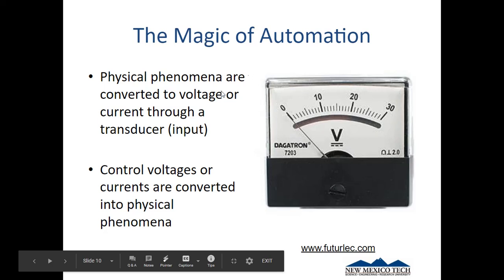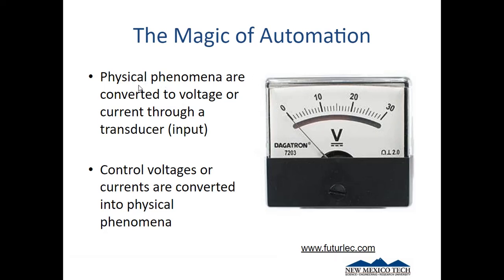In the end, why we're learning all this, I call this the magic of automation. What's happening is anytime we have some physical phenomenon, be it temperature, pressure, pH, doesn't really matter, we're basically going to convert that into a voltage or a current. And you'll hear this called a transducer. Transducer is just another word for a sensor. Pressure sensors convert pressure into a voltage or a current.